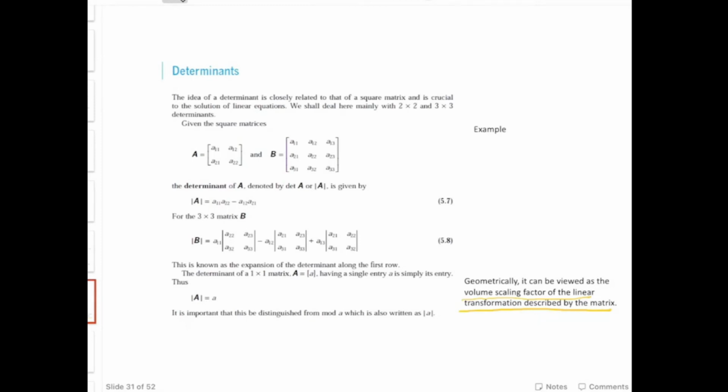So we're going to see later on how this one affects the solutions of linear equations.